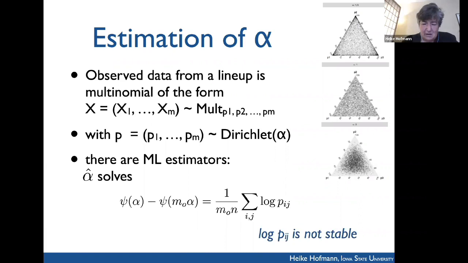So the problem is log of p_ij is not stable. And even if we set some very, very small lower limit to the p_i's, that's still hugely influential in what the value for alpha hat will be, and it will hugely influence our downstream analysis. So what do we do instead?